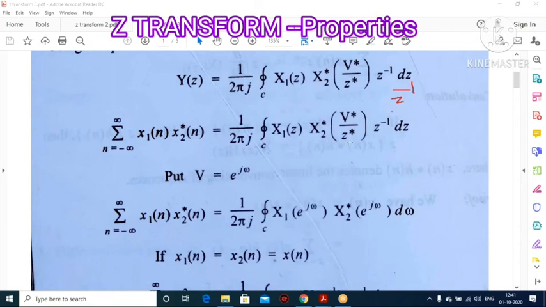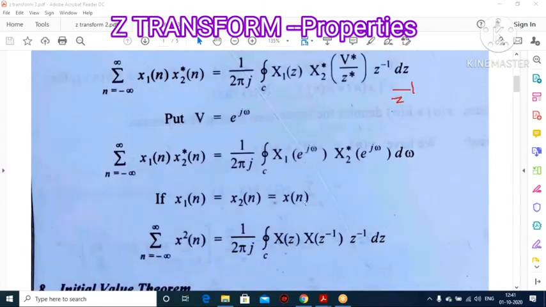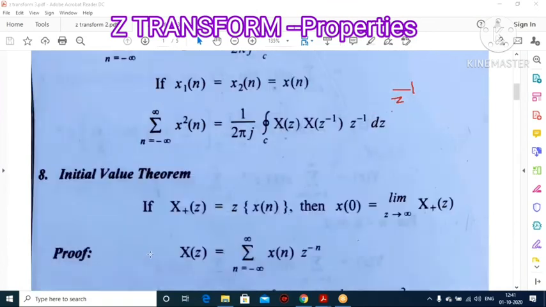So here e to the power of j omega star, so e power minus j omega. Here take the complex conjugate. So when you bring up this term, it becomes x2 star of e power j omega, right? So here x1 of e power j omega. Put z equal to e power j omega. So what will happen? This is x of z inverse. So when you look at z inverse dz, right? So this is the Parseval's theorem, right?